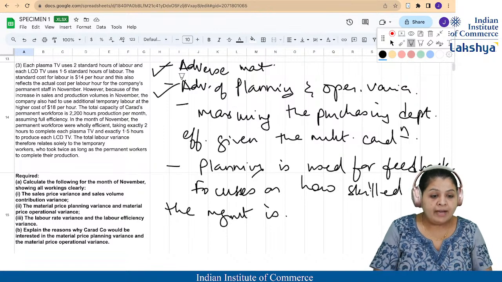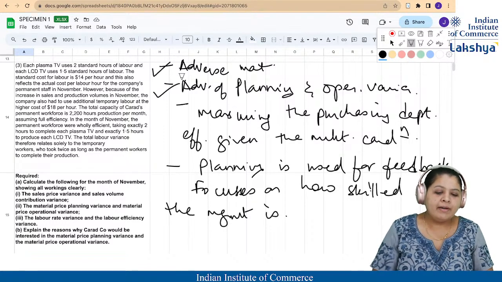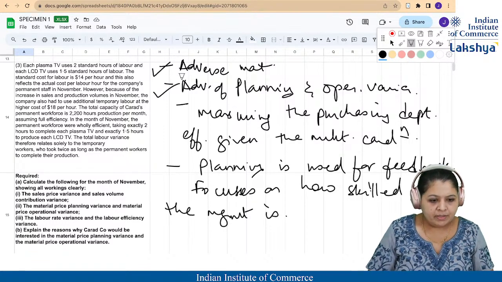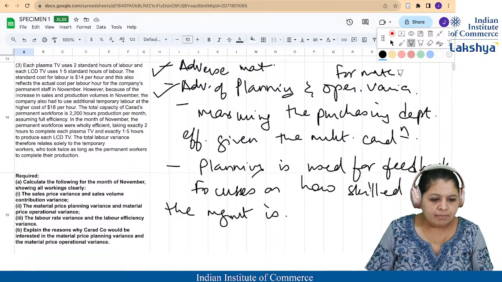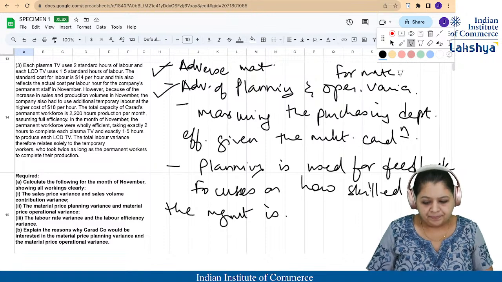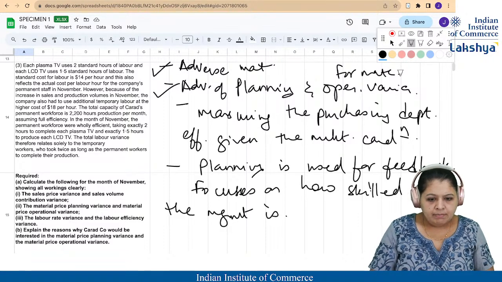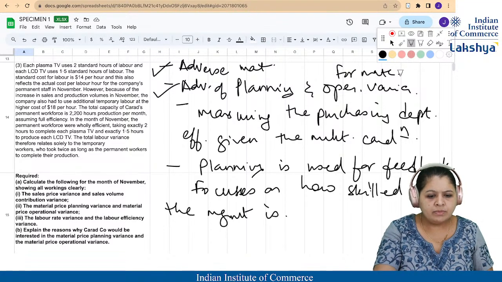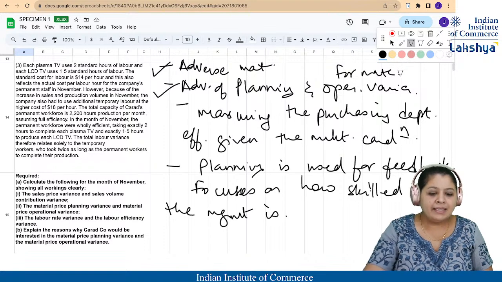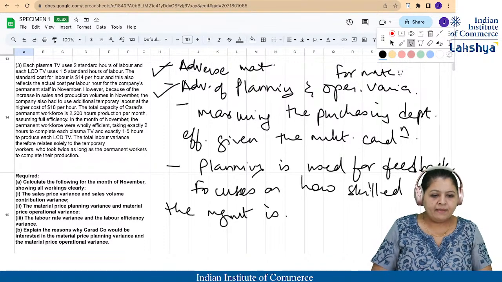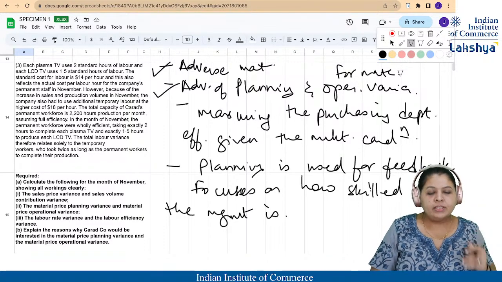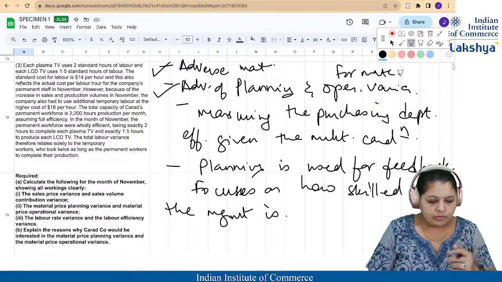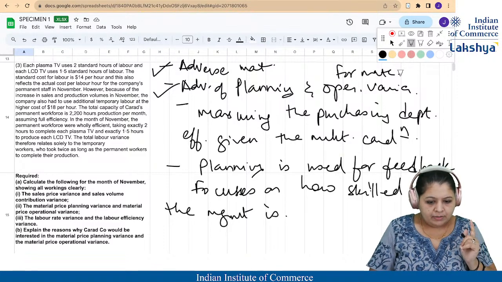Then we move on to the advantages and disadvantages of planning and operational variance for material, and that is how we will get these marks, right? Easy marks, something that is not very difficult to achieve when we talk about the circumstances, and something that would be comfortable, because as many points as you write, you're going to get that many marks, right?